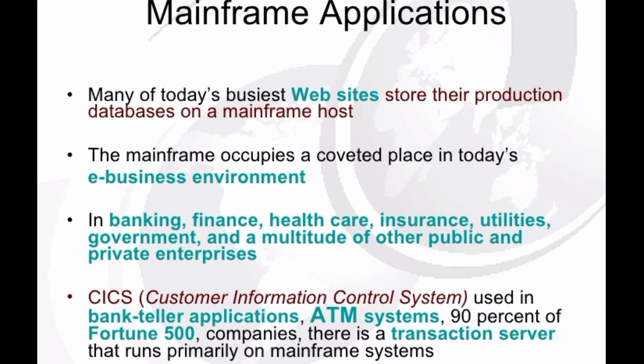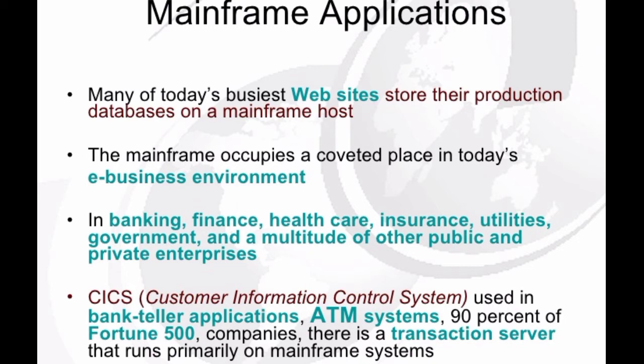Many of today's basic websites store their production database on a mainframe host. The mainframe occupies a coveted place in today's business environment: in banking, finance, healthcare, insurance, utilities, government, and a multitude of other public and private enterprises.